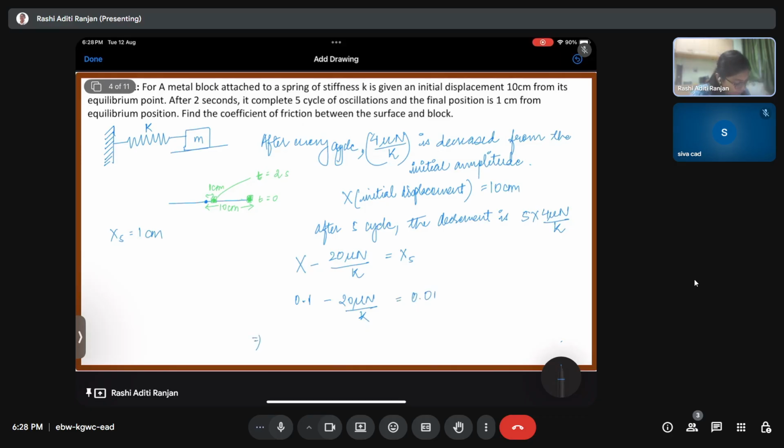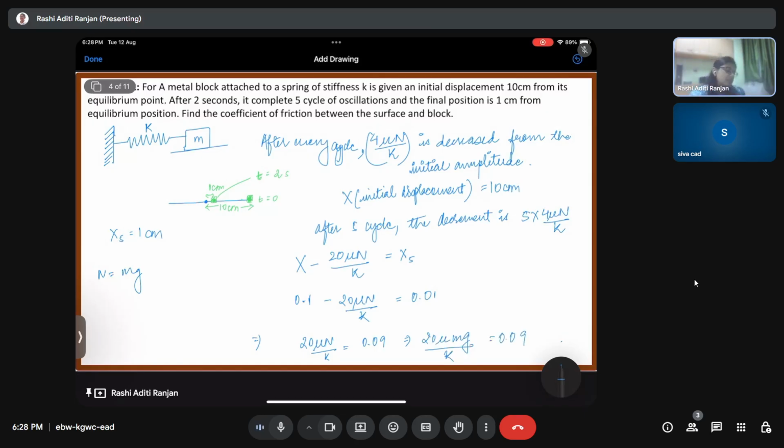This implies 20 mu N by k is 0.09. Now this N is nothing but mg, right? So I can replace it over here. I have 20 mu mg by k is equal to 0.09.